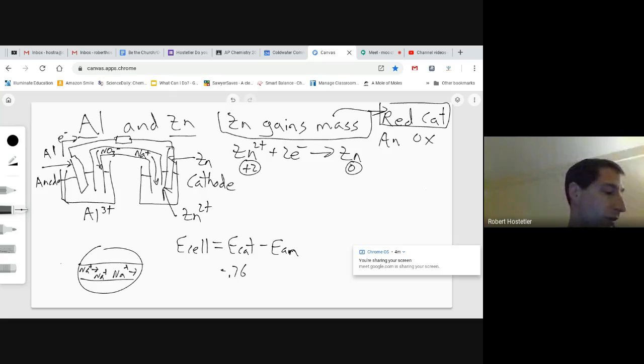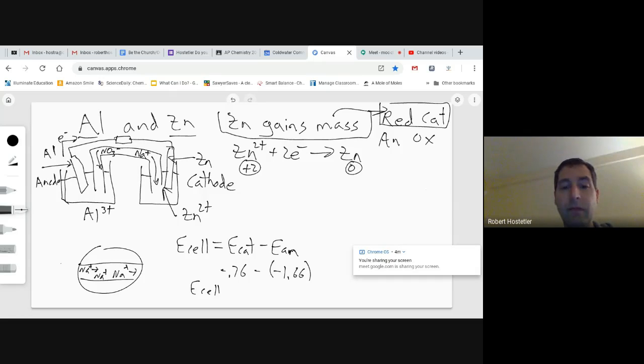That's the cathode. And then aluminum is the anode, and that is a negative 1.66. So our E for the cell is negative 0.76 minus a negative 1.66. So the difference there is going to be our E cell.